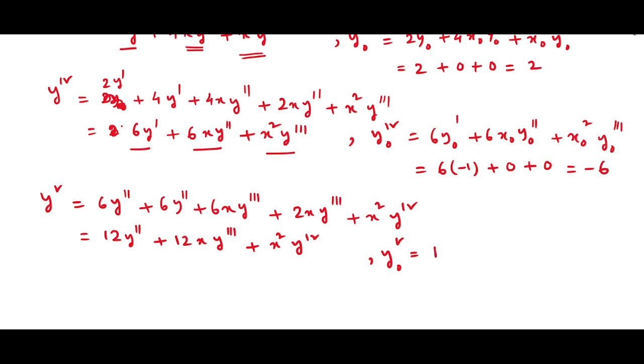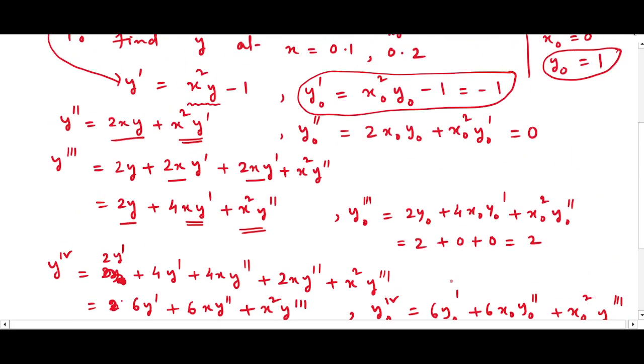So our y naught 5 will be 12y naught double dash plus 12x naught y naught triple dash plus x naught square y naught 4. So our y naught double dash is 0.